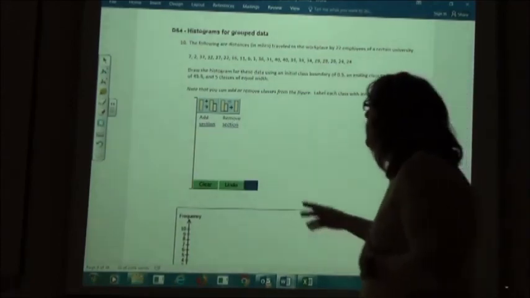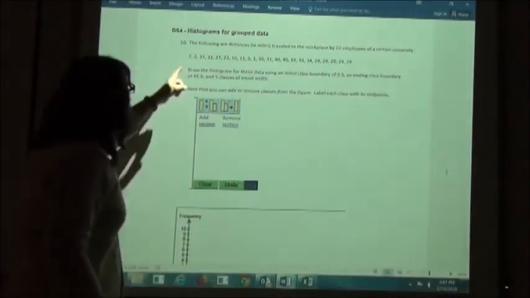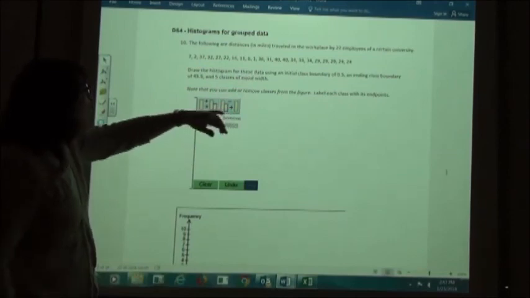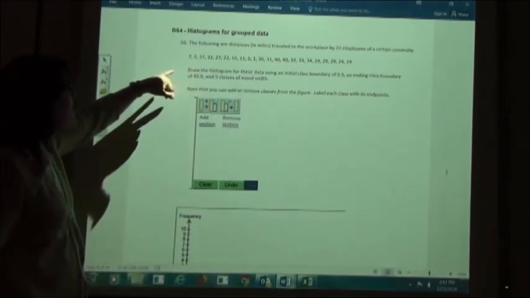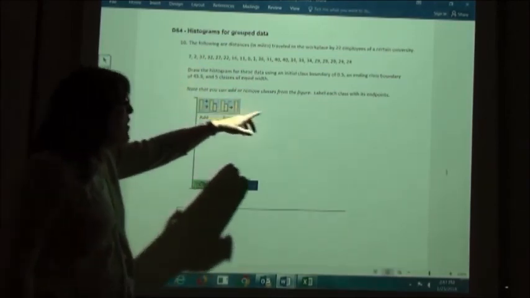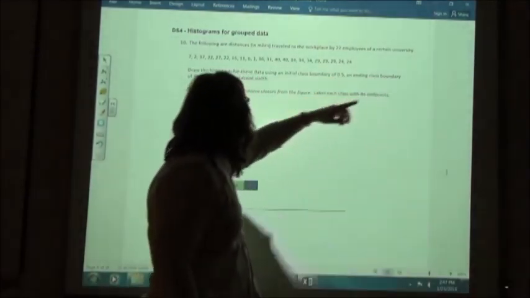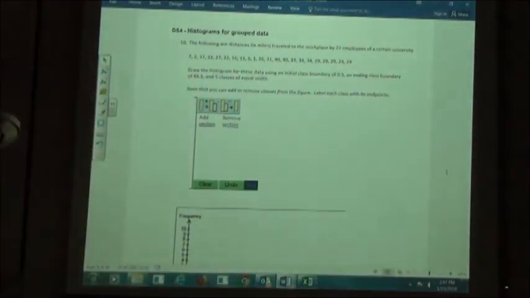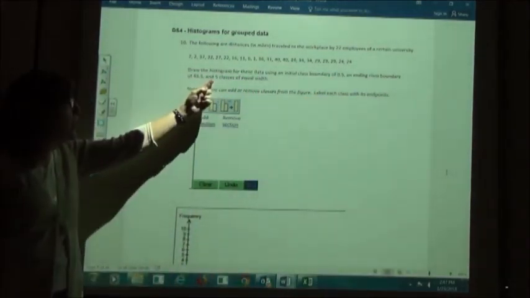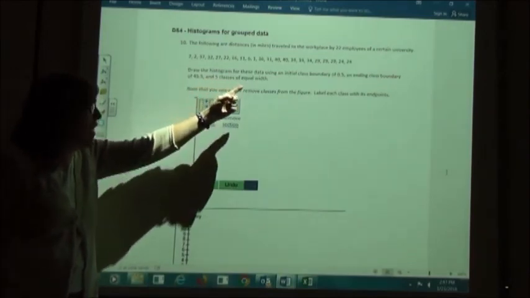So, we have a big long list of data. It says draw the histogram for these data using initial class boundary of 0.5 and an ending class boundary of 45.5, 5 classes of each width.